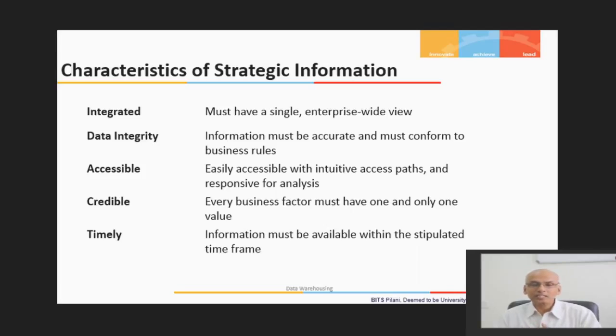So in that sense, whatever information is provided for strategic decision making should have one version of the truth. That is, we need to have a very clear-cut definition and it should be as per that. And it should be timely. That is, the decisions will be more effective if they are taken in a timely manner.